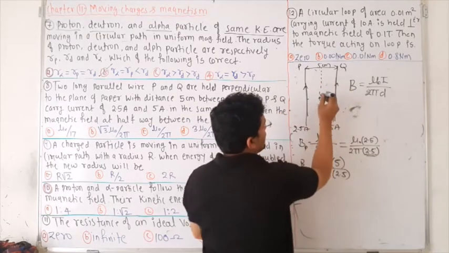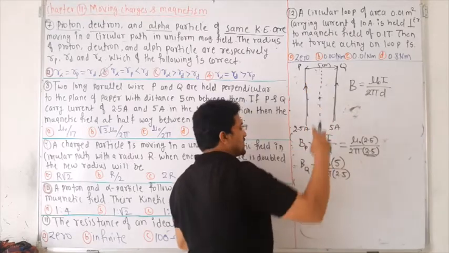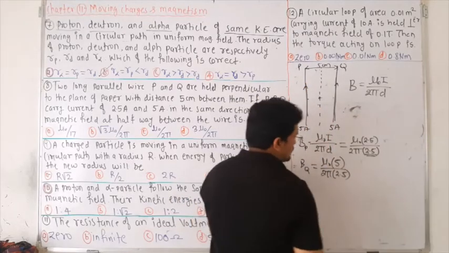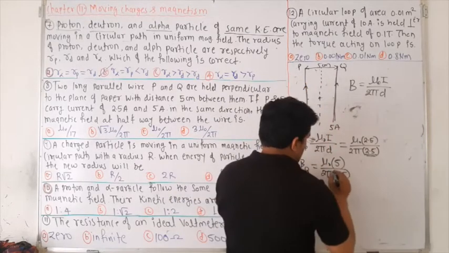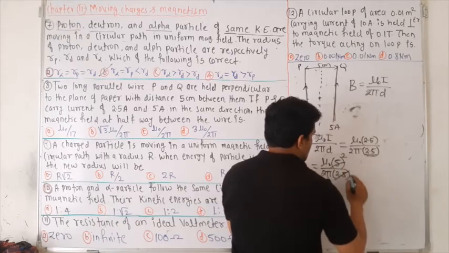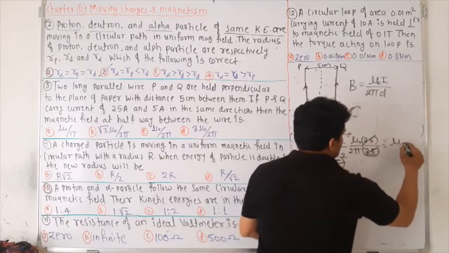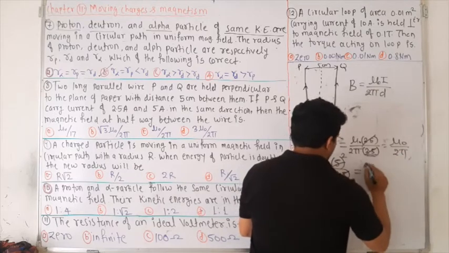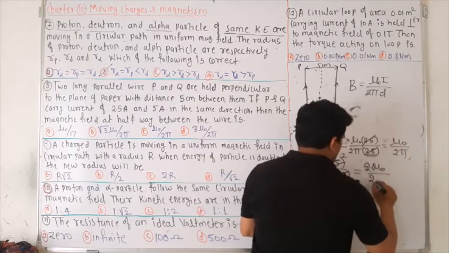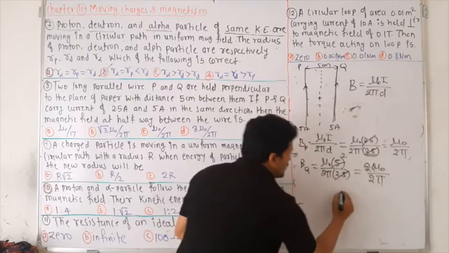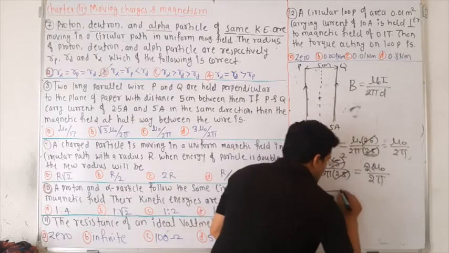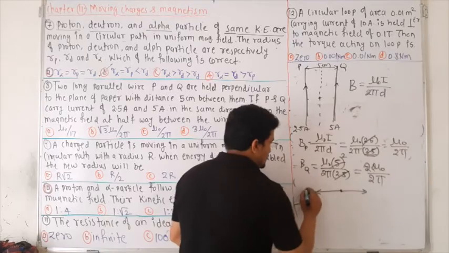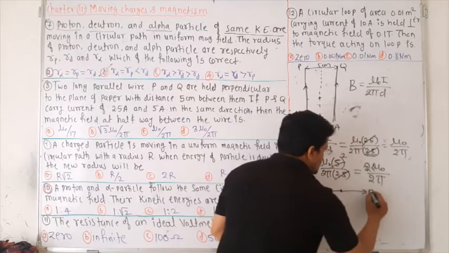So one vector is pointing outside and one vector is pointing inside, so you can make it minus. Which one is the bigger? Just write it down here. The 2.5s will cancel out. So mu naught upon 2 pi will be left, and here 2 mu naught upon 2 pi will be left. So at this midpoint, one vector is pointing this way and one vector is pointing that side. It may be B2 and this will be B1.